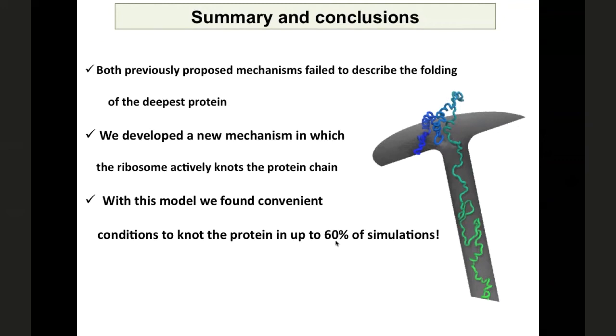But I think any protein could interact with the ribosome. It's a question if this interaction will help knotting or it will just help attaching the protein to the ribosome before the protein will diffuse from the ribosome.